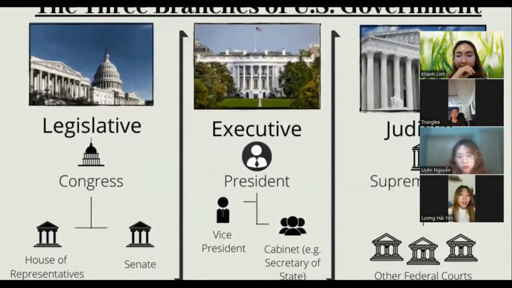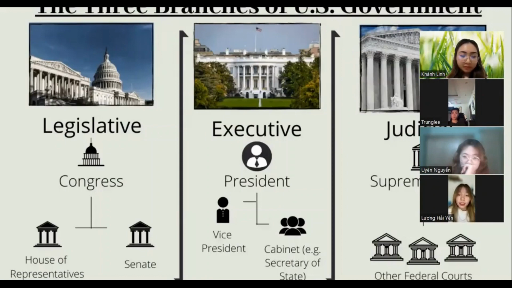So here is a diagram of the 3 branches of U.S. government. The first one is the legislative branch. It is Congress, which is made up of the U.S. House of Representatives and the U.S. Senate. The next one is the executive branch. It is led by the president. The president often draws on the advice of the vice president and a group of advisors called the cabinet.